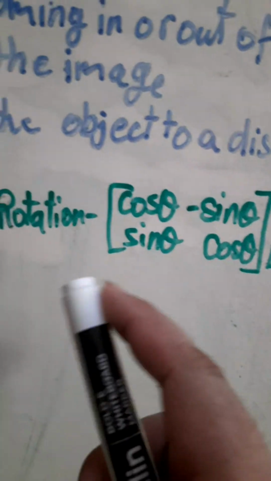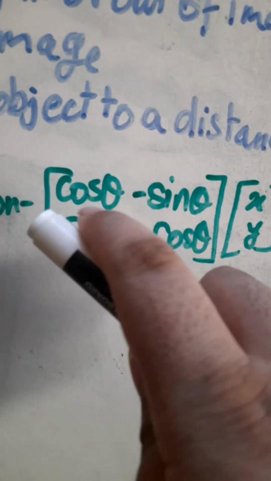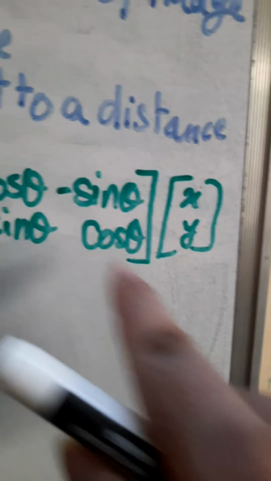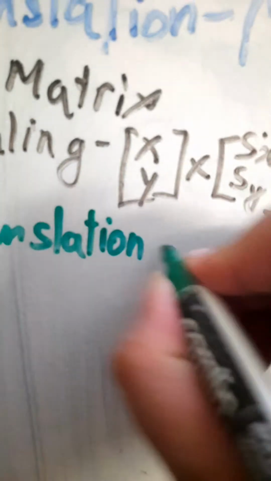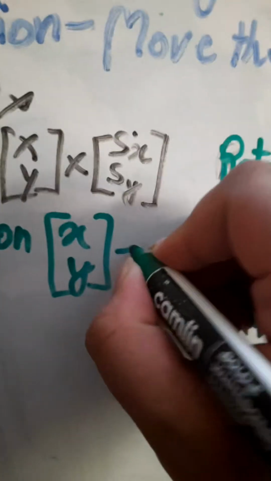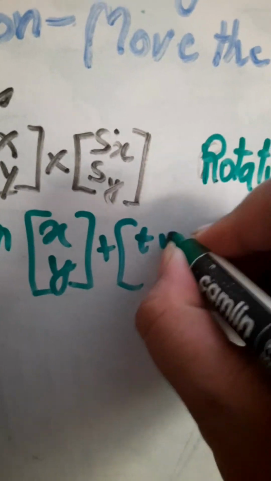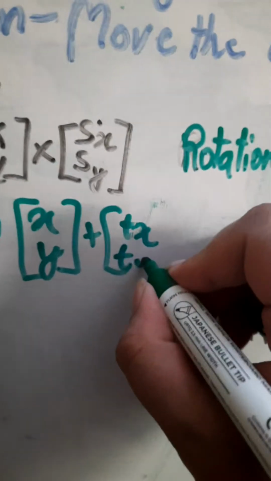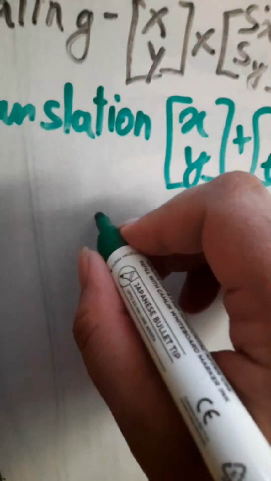So yeah, in rotation what happens is we have to tilt it with an angle, so we have to multiply here. Okay. Now what happens in translation? In translation, we take x, y and add a translation factor, because you are moving an object, so we have to add that distance.